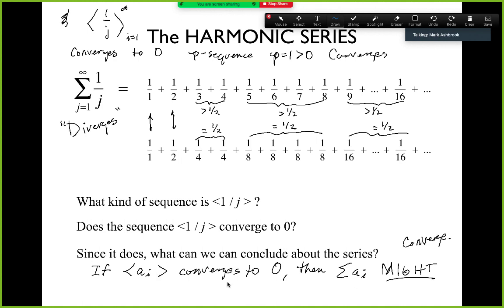Some sequences that converge to 0 result in a sum that converges. That was like the first example we saw, 4 over i squared plus 2. Some sequences that converge to 0 end up in a sum that diverges, like the harmonic series. Right? This still converges to 0. So what's the problem? This is not converging fast enough to 0.